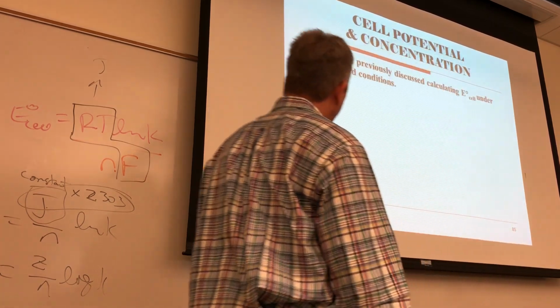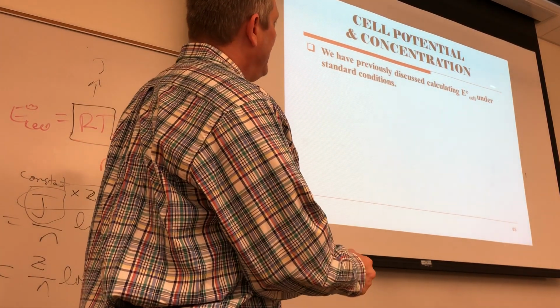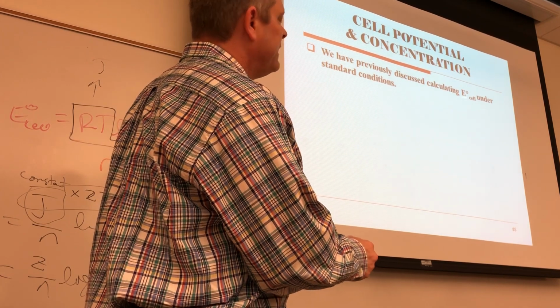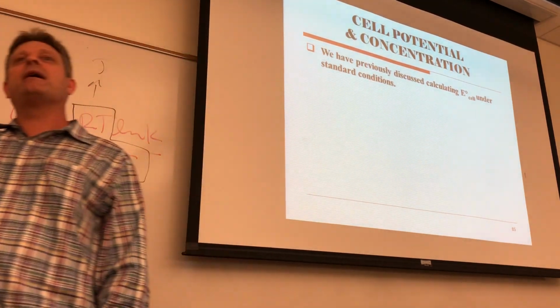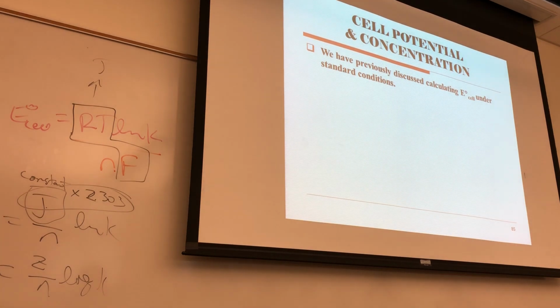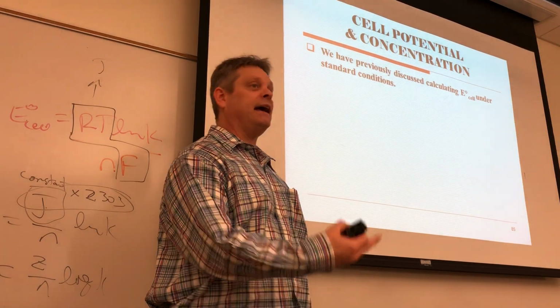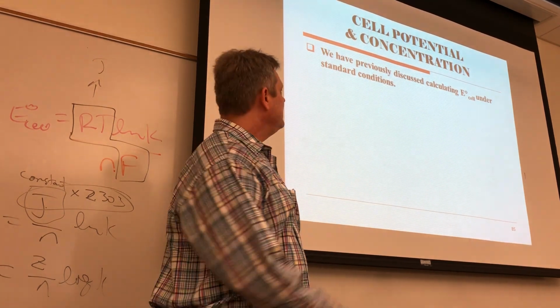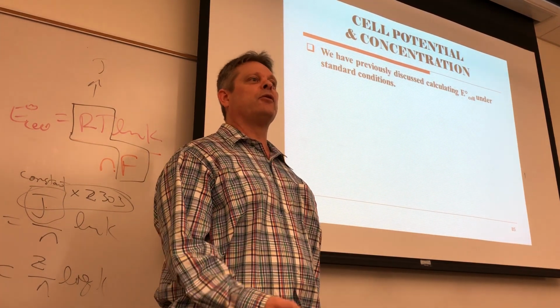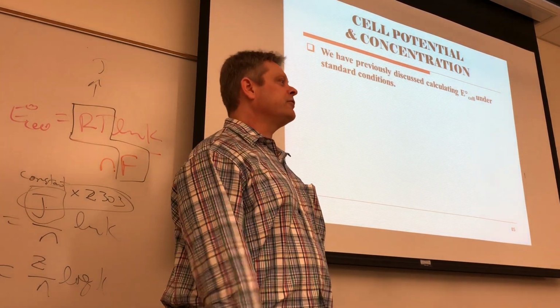Okay. Now, as before, when we talk about the standard state conditions, that's because it's a nice way to compare things across a plethora of different ideas, whether it's delta G, delta H, we talked about, delta S, E under standard state, so of course there's going to be E under non-standard state conditions.